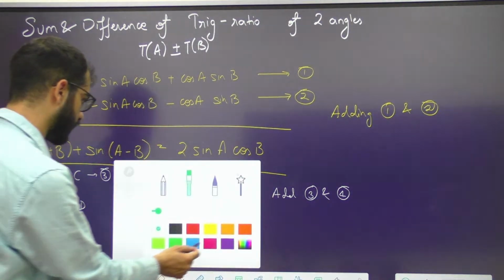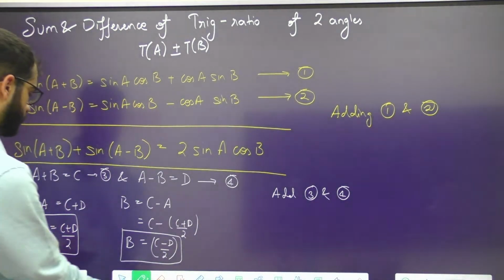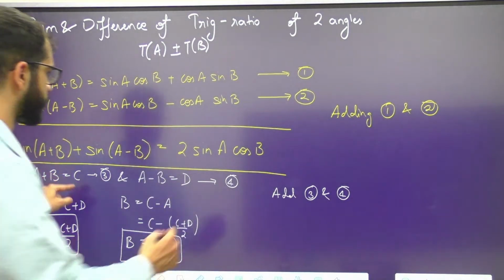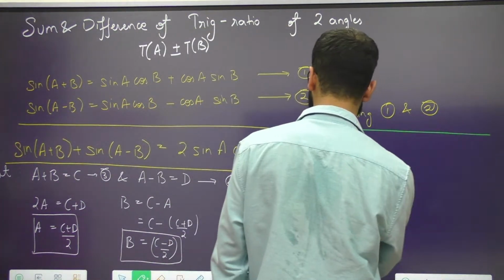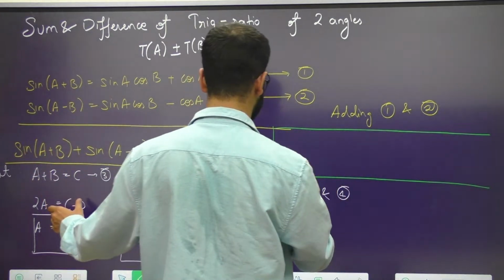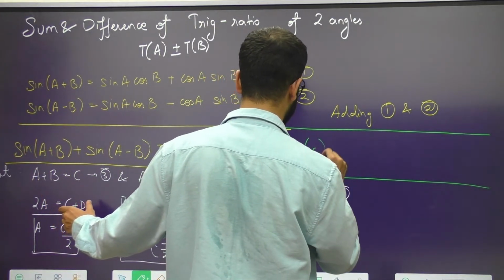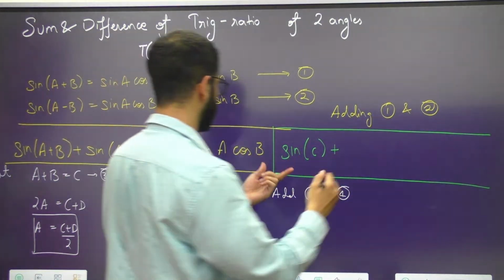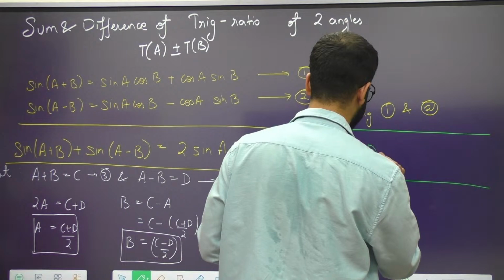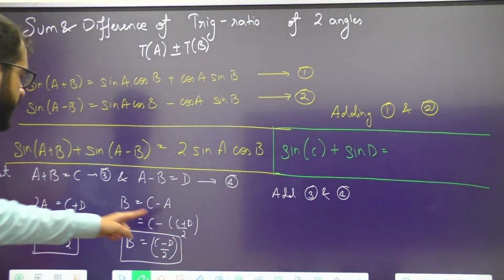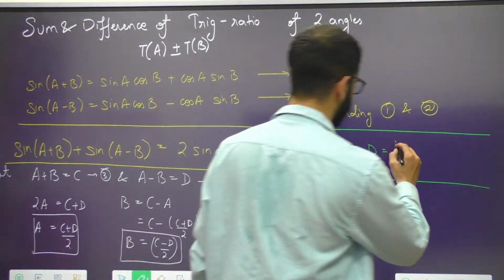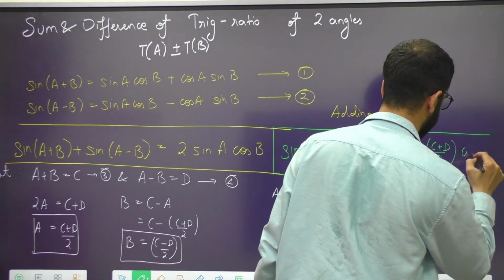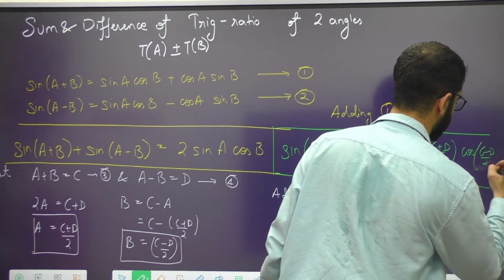If I substitute the values, A plus B is equal to C, so this expression can be written as sine of C plus, A minus B can be substituted with D, so it will be written as sine D. On substituting the values of A and B, I'll get twice sin of (C plus D) by 2 multiplied with cos of (C minus D) by 2.